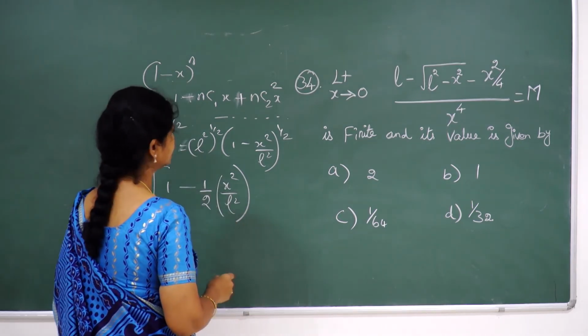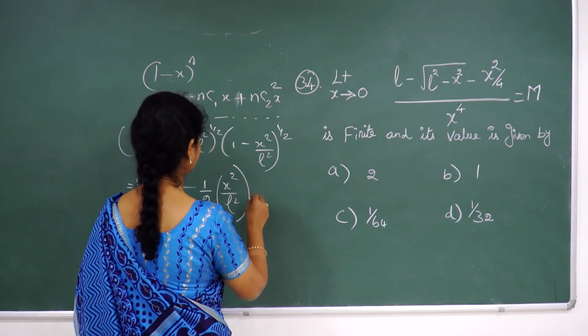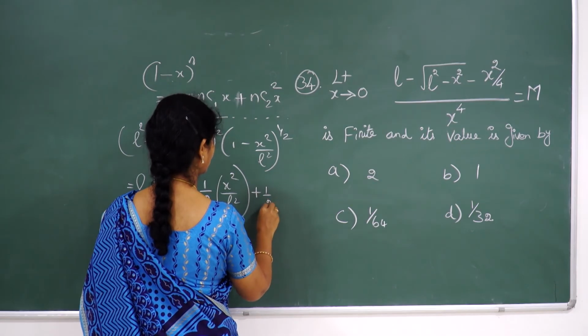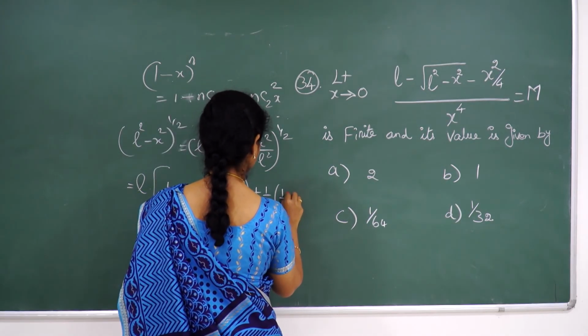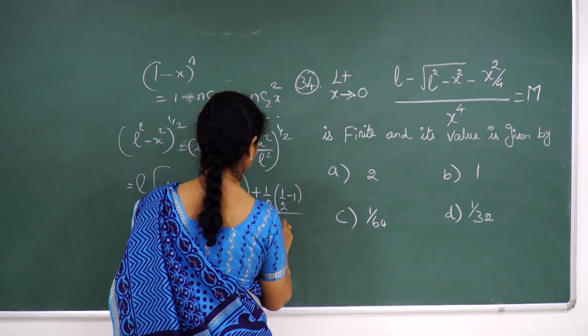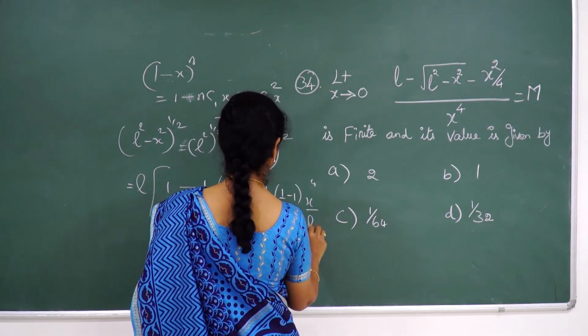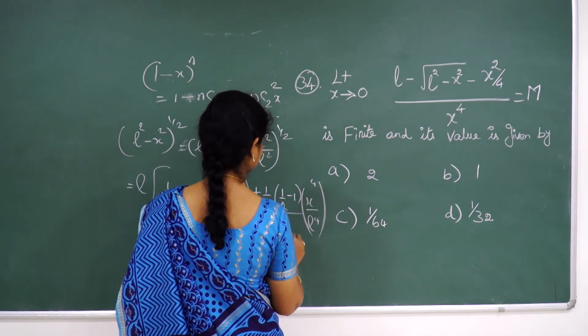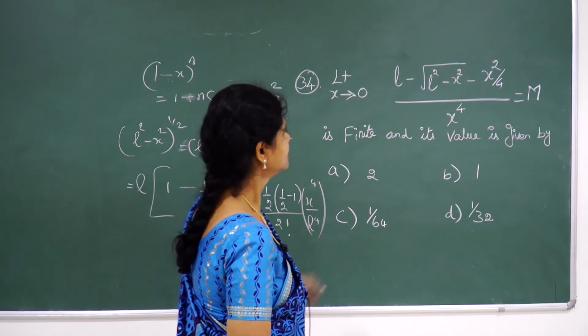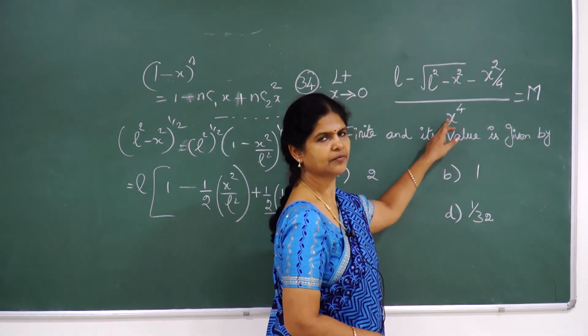Okay, so the next term, nC2, is (1 by 2)(1 by 2 minus 1) divided by 2 factorial, into x power 4 by L power 4. The next term does not matter, because the denominator you have is x power 4.